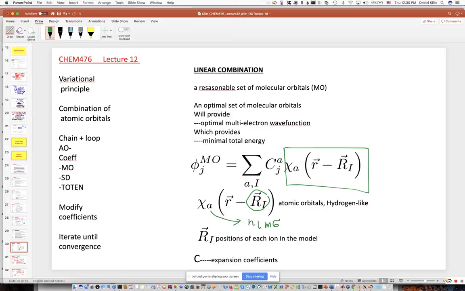So if we add together, this is a summation, several atomic functions with certain weight coefficients, this will be a superpositional molecular orbital for an electron composed of several atomic wave functions and delocalized over several atoms.